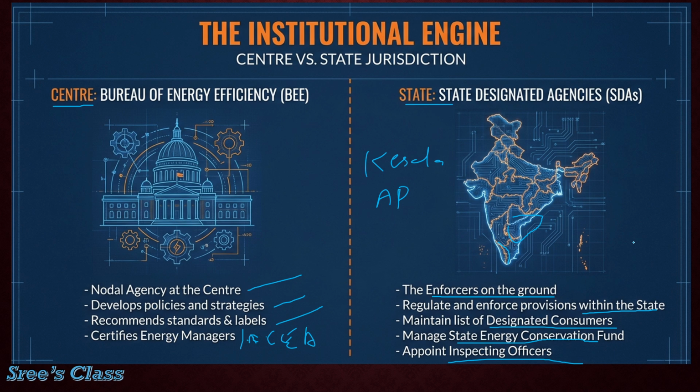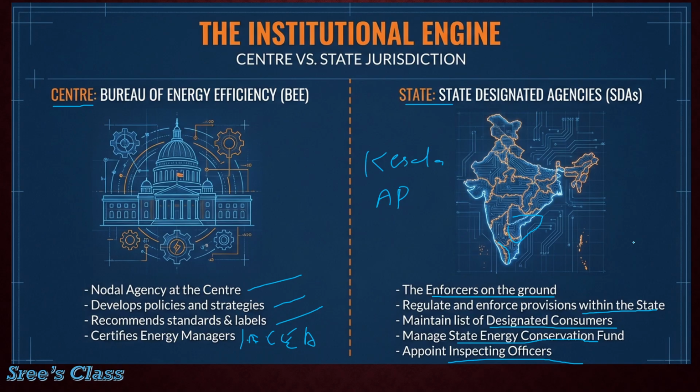That means, apart from the Bureau of Energy Efficiency, it's another state designated agency, the actual state designated agency, I should say. In some other places like Maharashtra, for example, it is MEDA. Apart from this, they are doing renewable energy also. Similarly, in Karnataka and of course in Jharkhand, JREDA, Jharkhand Renewable Energy.